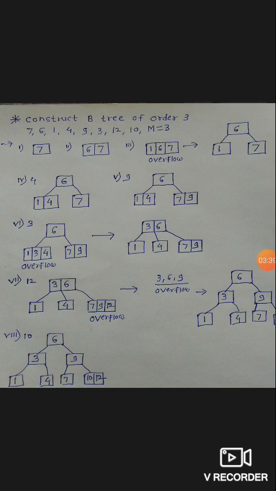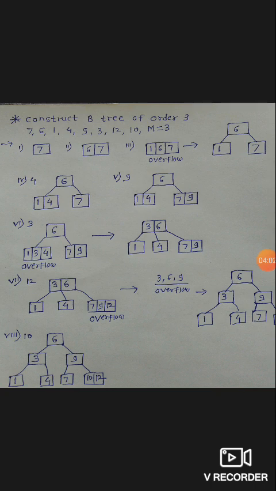Next is 9. Again, we compare 9 with 6. 9 is greater, therefore it is added at the right hand side. There is only one key value 7 there, and as we add 9, it becomes 7, 9. Therefore, right of 6 it becomes 7, 9.